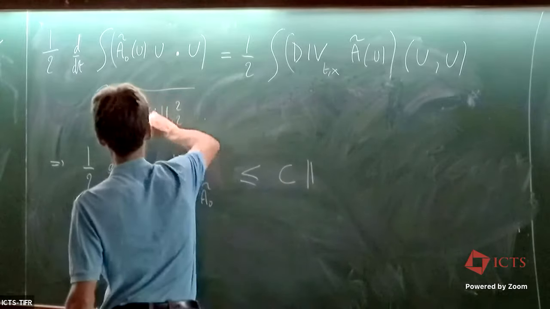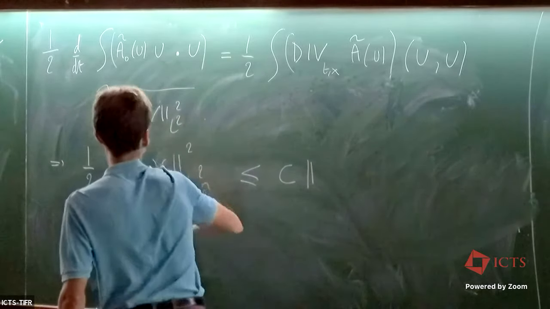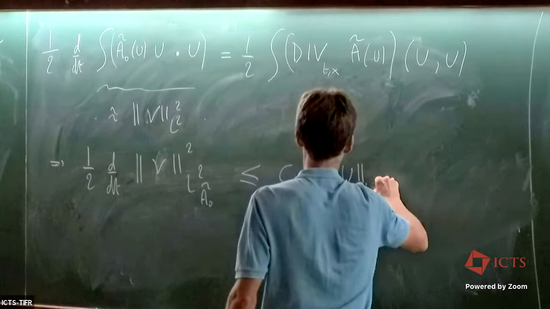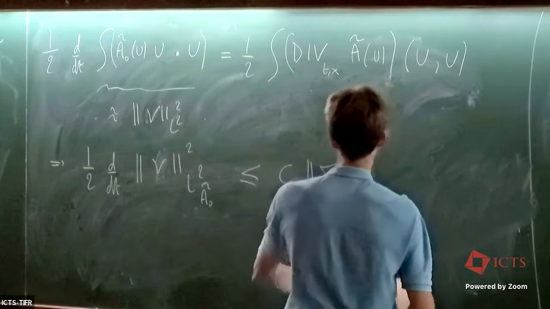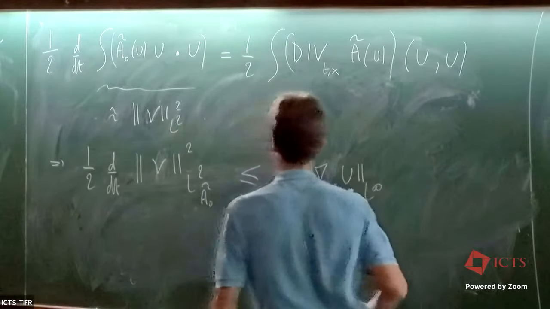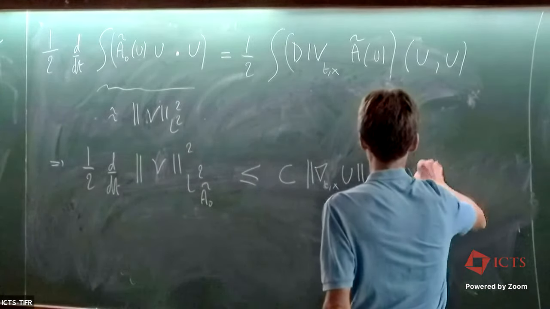Sorry, again, it's V. Gradient of U. Or here you can put U or V. It's the gradient with respect to all variables. V L squared.